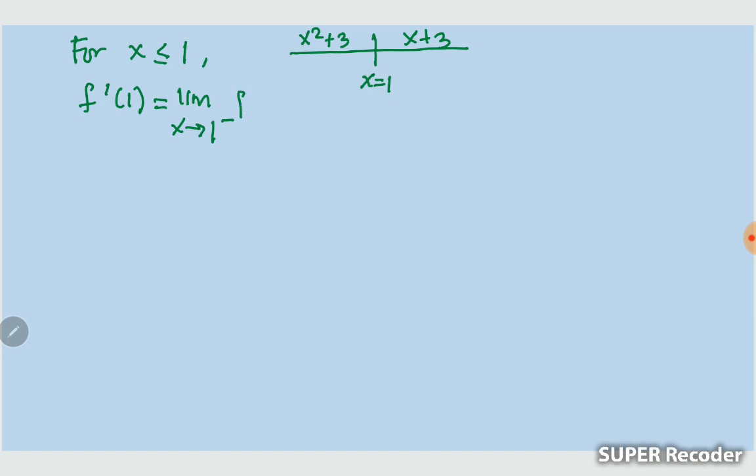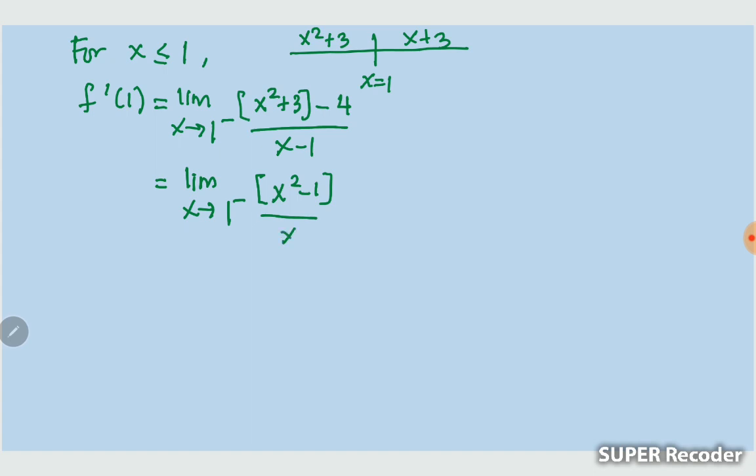So substitute here, x squared plus 3 minus f(1). f(1) is 1 plus 3, 4, over x minus 1. Simplify, you will get the limit when x approaches 1 from the left for x squared minus 1 over x minus 1.